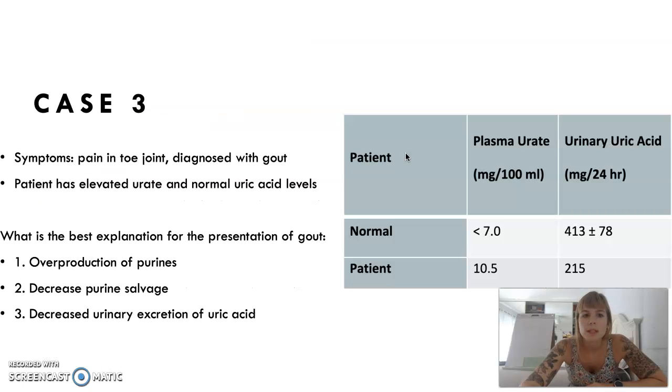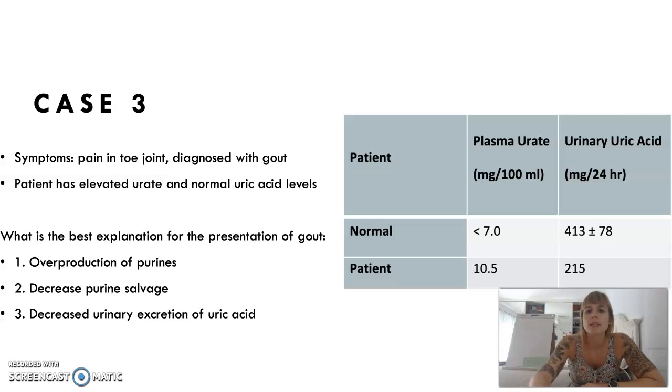So the next case, case 3, the patient complains of pain in the right toe, and he's unable to bear weight on it. And based on the physical exam, he's diagnosed with gout, and our job is to determine the best explanation for his particular presentation of gout.